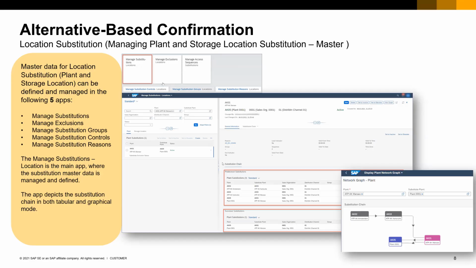So even if you do not specify a storage location in the sales order, for instance, then you can set up the system in a way that it determines the correct storage location. So the ABC can be used for scenarios when storage location should be determined, for instance, because certain requirements which are coming in by certain sales channels or so should be handled or fulfilled out of special storage locations.